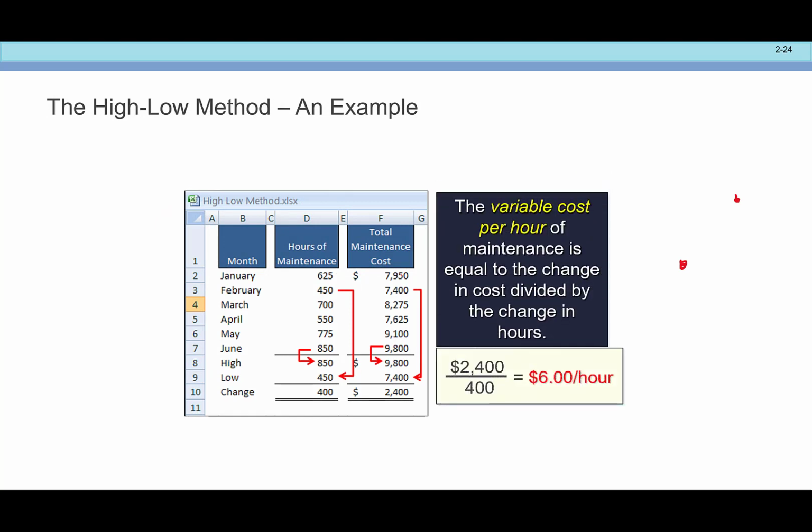Now, what we're going to use is the high-low method. I'm just showing you the high-low method so that you get some practice with using a very basic method to figure out what my variable cost per unit is going to be and what my fixed cost is going to be.